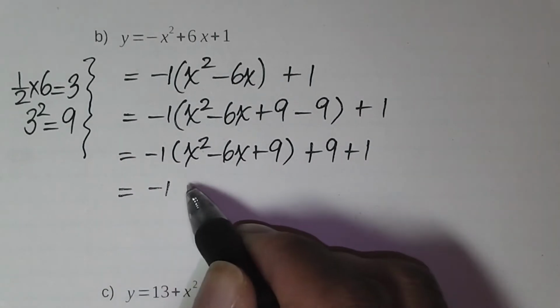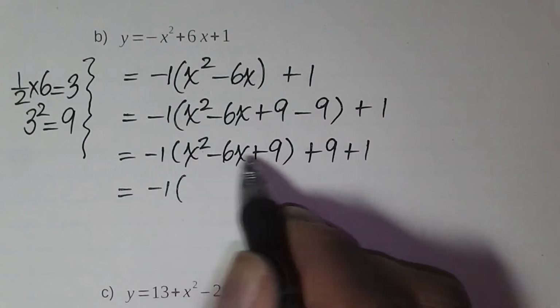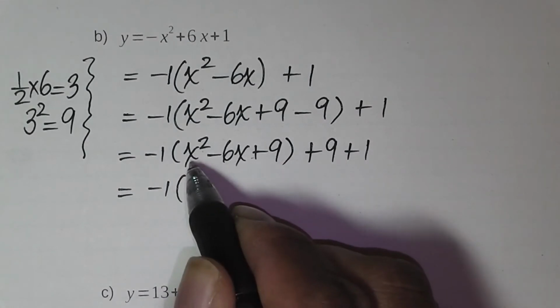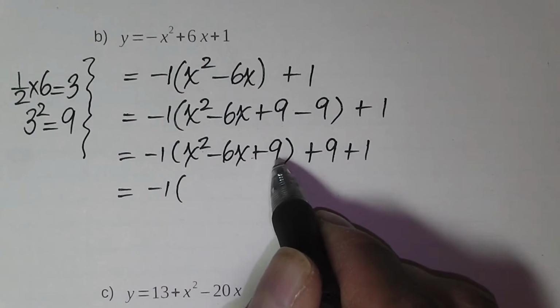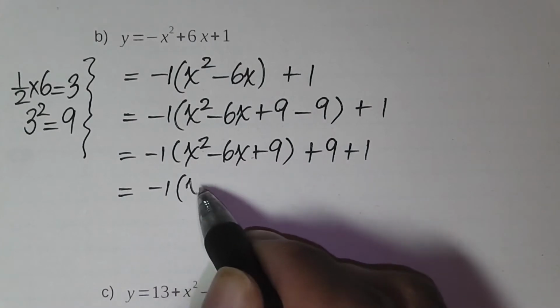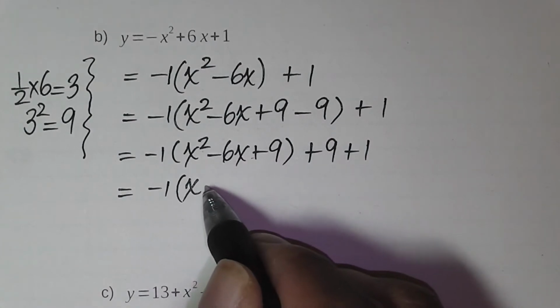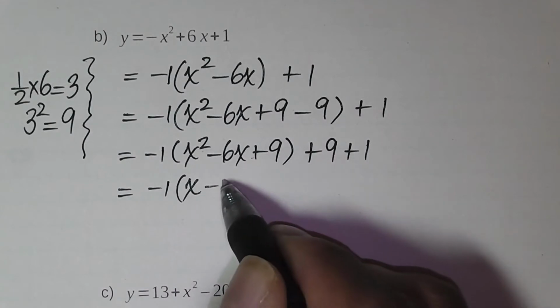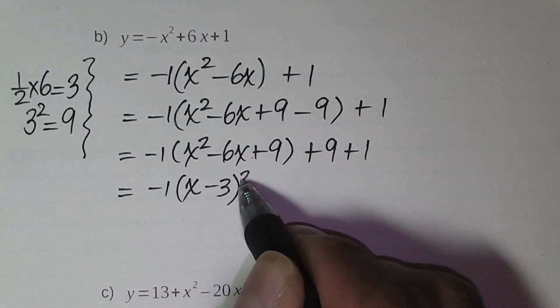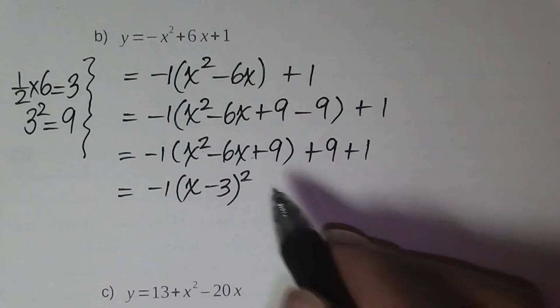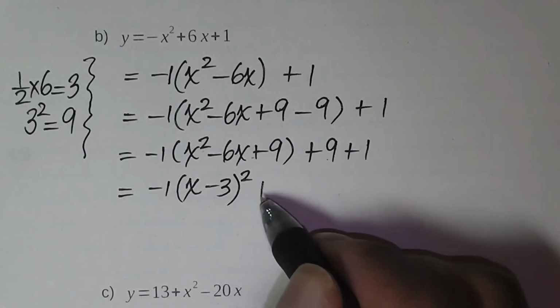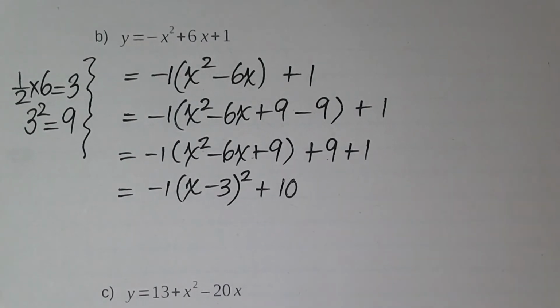Negative 1, brackets. This is a perfect square trinomial. X squared, 3 squared, 3x times 2. X, that sign, 3. Positive 9, positive 1, positive 10.